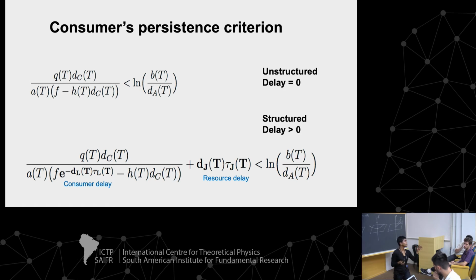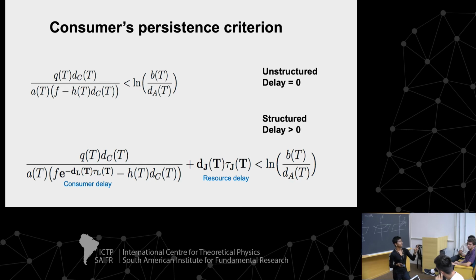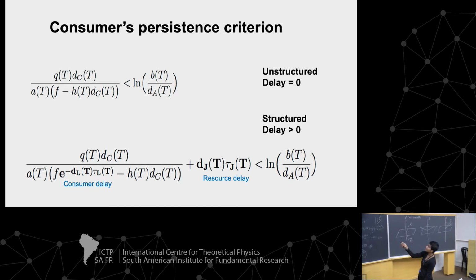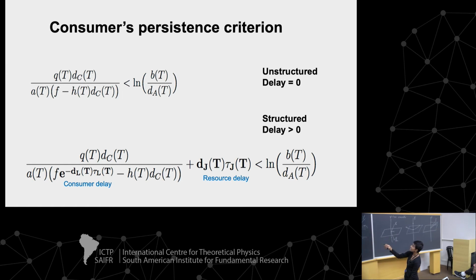This theory has mostly been developed for organisms with continuous overlapping generations, but they do have a delay. So here I have derived the consumer's persistence criterion for an unstructured model, just a pair of ODEs like yesterday, versus the delay structured model.